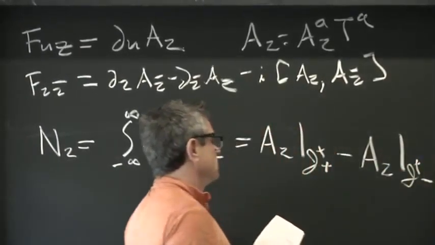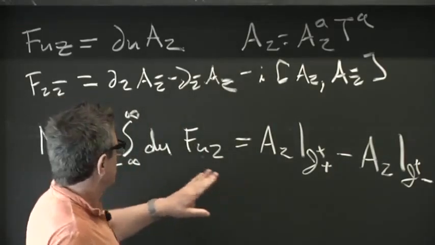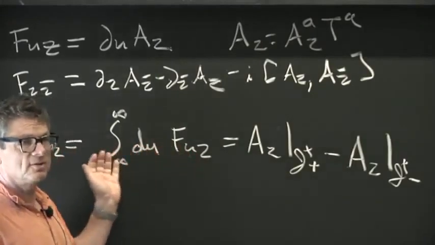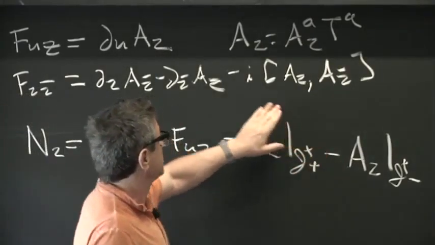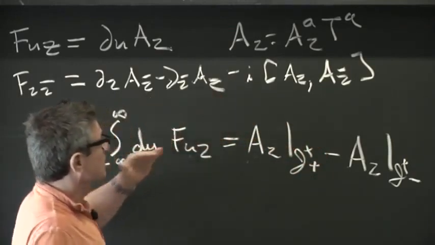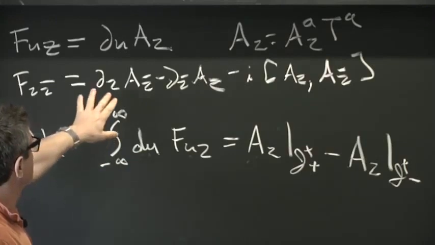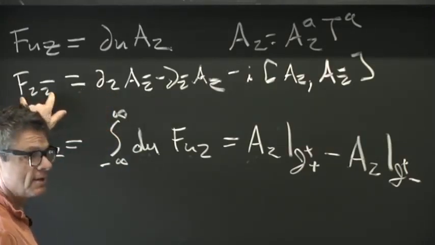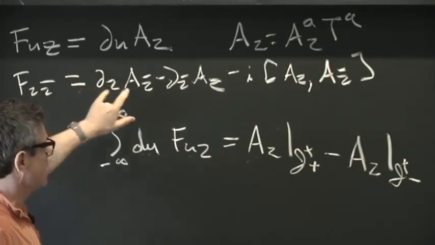Now, we can see just from this formula that whenever there's a soft gluon present, whenever this integral is non-zero, A_z... In general it might be, but for now we're going to consider the case where the magnetic field strength is vanishing at infinity. That's not the most general situation, but it's what we're considering for now.